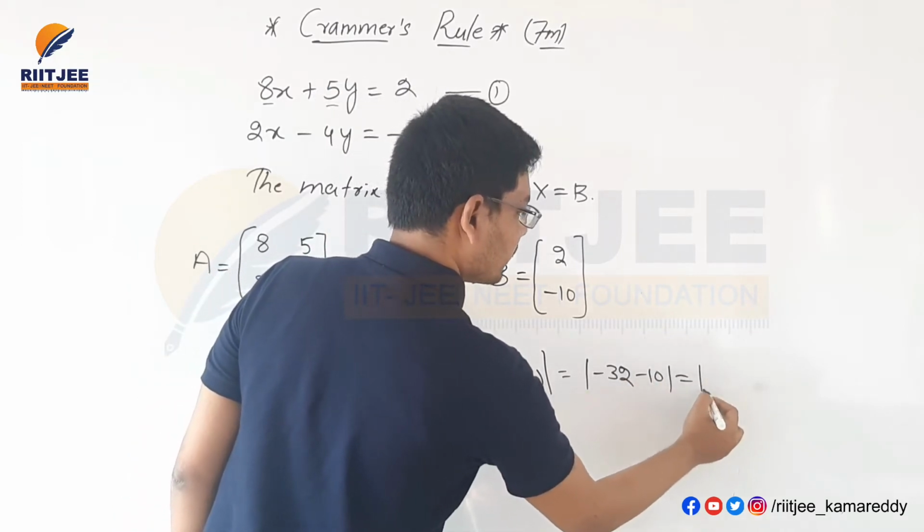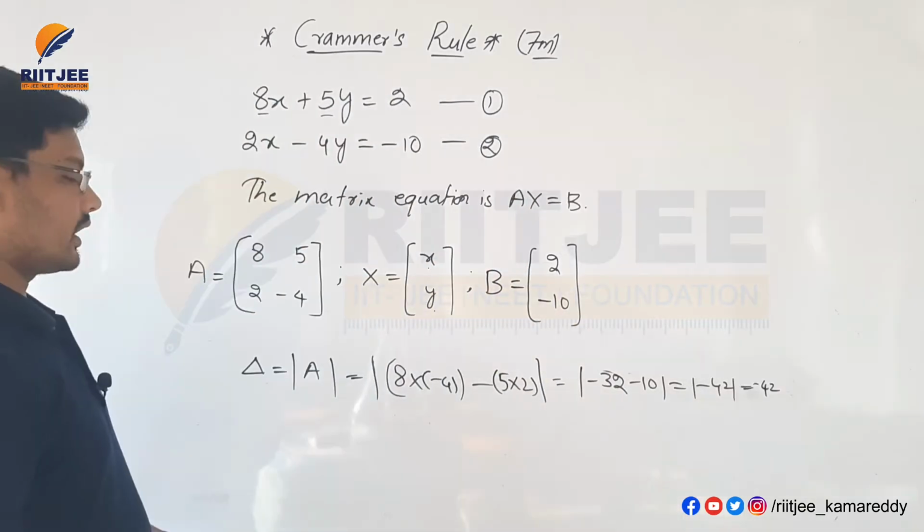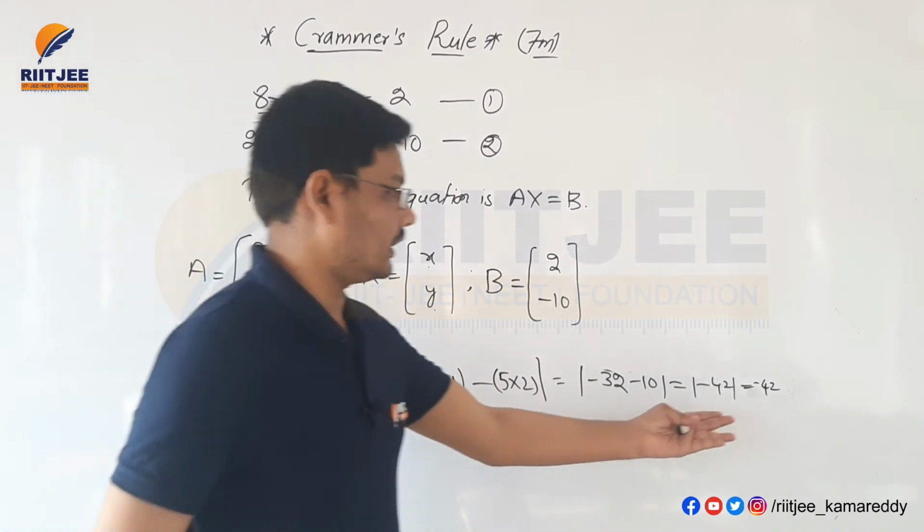That is equal to minus 42. After this, we got the delta value as minus 42.